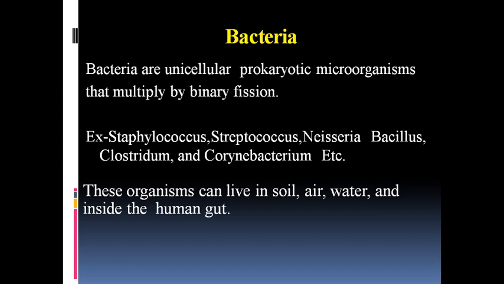Cells are of two types, that is eukaryotes and prokaryotes. Bacteria come under the prokaryotes. Examples: Staphylococcus, Streptococcus, Neisseria, Bacillus, Clostridium and Corynebacterium, etc. These organisms can live in soil, air, water and inside the human gut also.